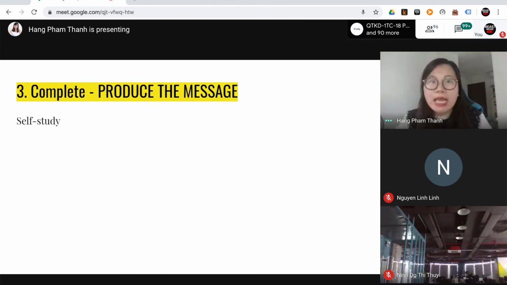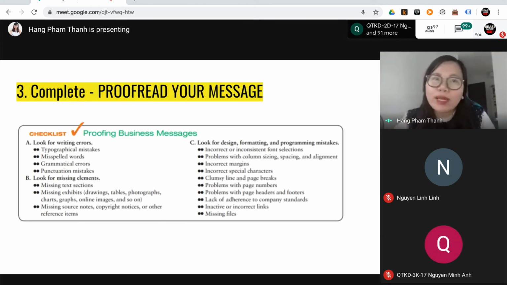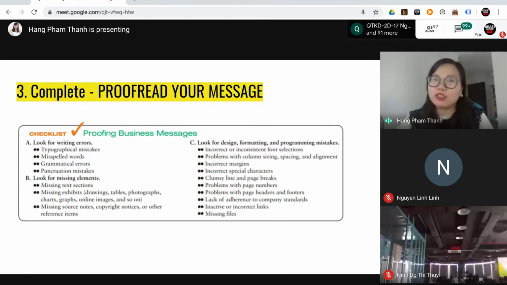So the last point about completing the message is about proofreading your message to make sure that no small mistakes or errors are still there. Okay, so here we have 3 parts. For example, looking for writing errors like typos, misspelled words, grammatical errors, punctuation mistakes.